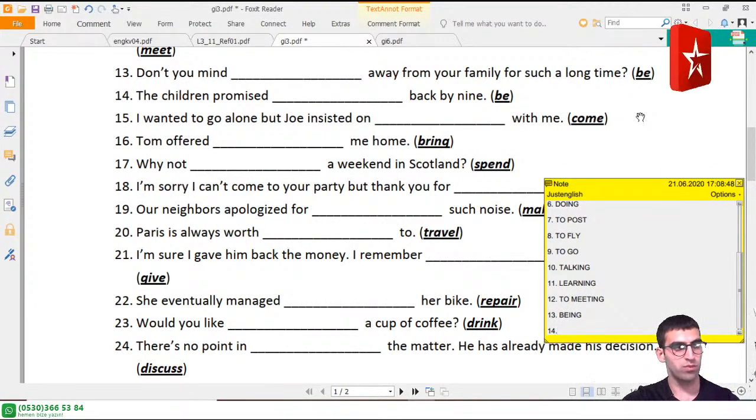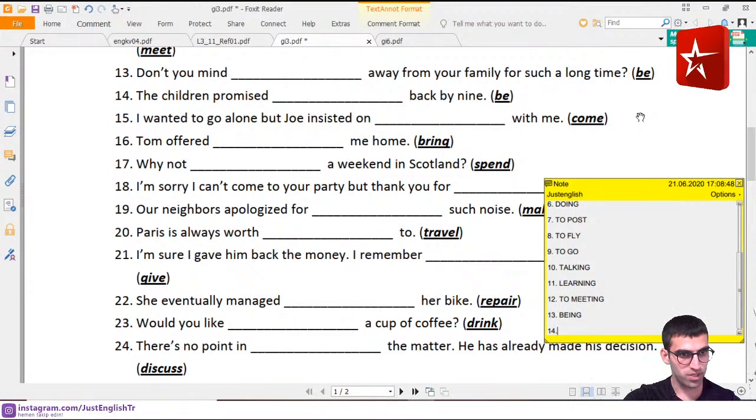The children promised blah blah blah back by 9. Elif, Bilbil and Azime, they say to be. For this one or for 13? Which one? If you are talking about 14, yes, 14 is... Nijat Ünlü is here.